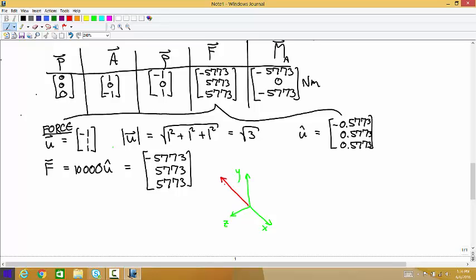It doesn't go anywhere in the y direction. And then it goes in the negative z direction, the same distance. And so the vector looks something like this.